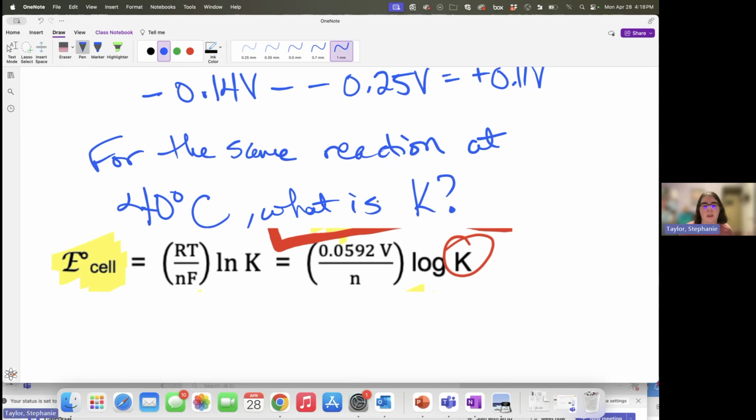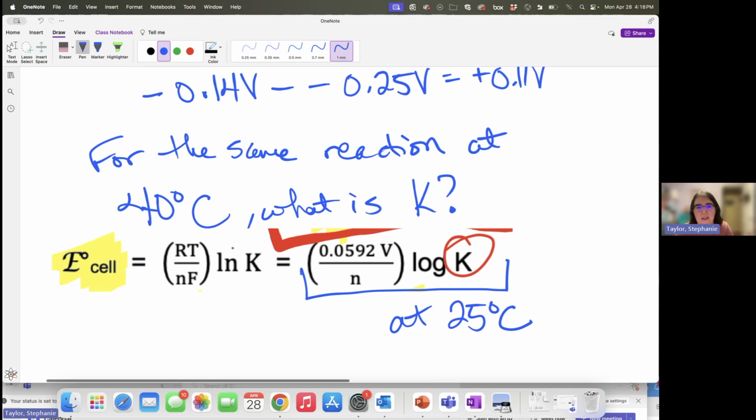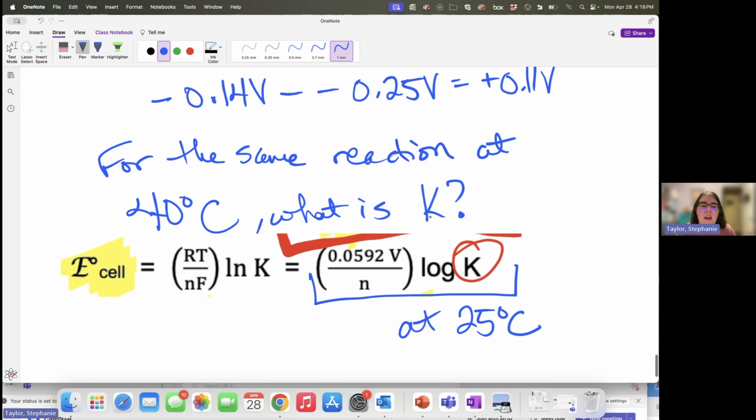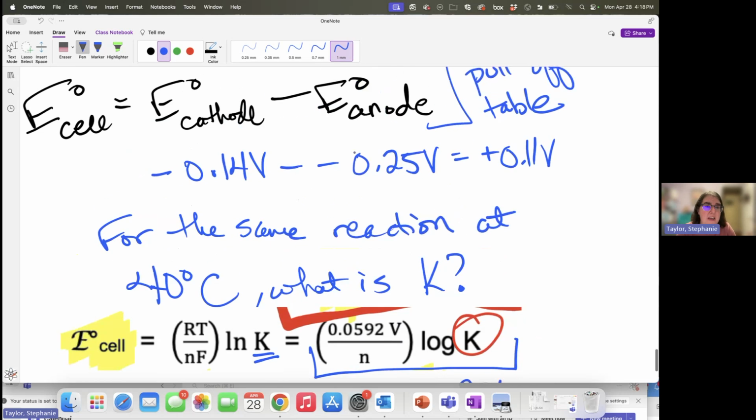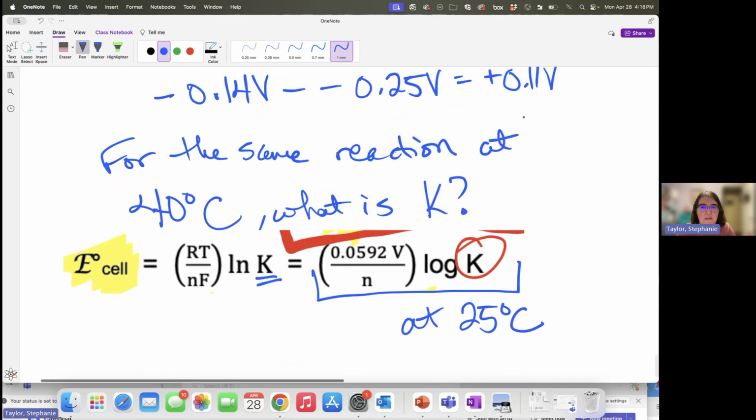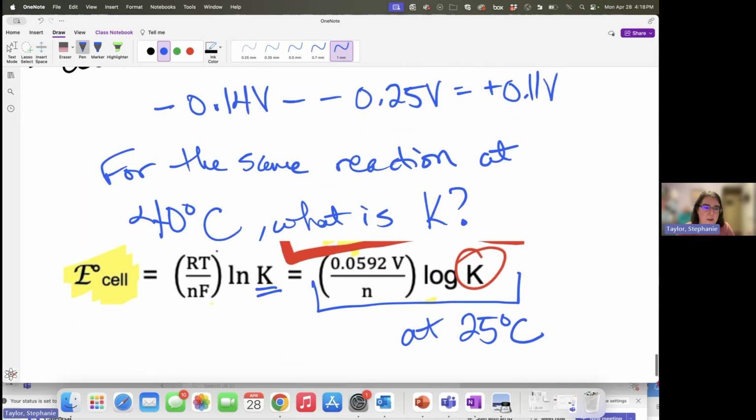There is a version of this that would be at 25 degrees Celsius, which is part of the reason why I'm like, nope, let's just do this at 40 degrees Celsius and deal with all the different variables. So the goal is K. There is K. I already have my E cell standard, my positive 0.11 volts.